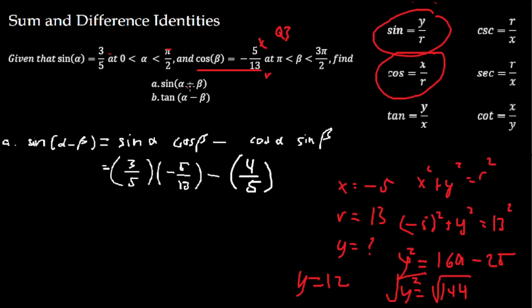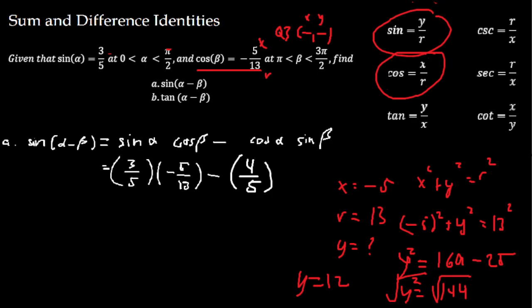Next, we know that in quadrant 3, our signs are both negative. Let me just check. Yeah, both are negative in quadrant 3. So our x will be negative and our y will be negative.